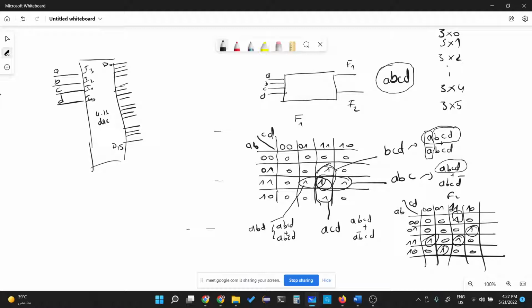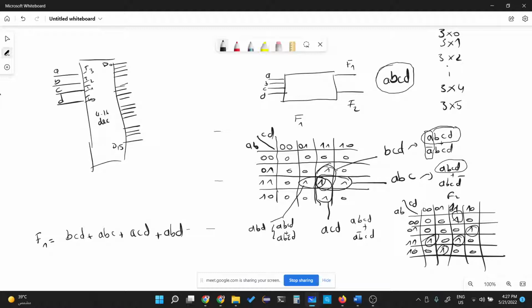So the function f1 will be equal to BCD or ABC or ACD or ABD. Okay. So let's look at the first minterm here. That is 1, for example. 0, 1, 1, 1.